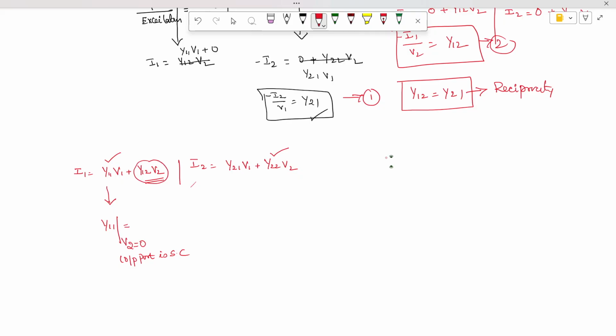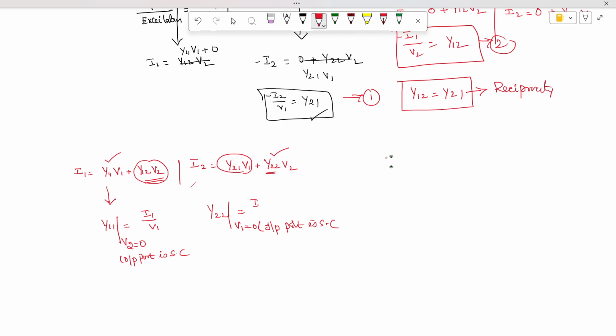Therefore, y11 is equal to I1 by V1. And in this expression, I require y22. So I will obtain the y22 value by making V1 equal to 0. What is the meaning of V1 equal to 0? The input port is short circuited, automatically this term becomes 0.